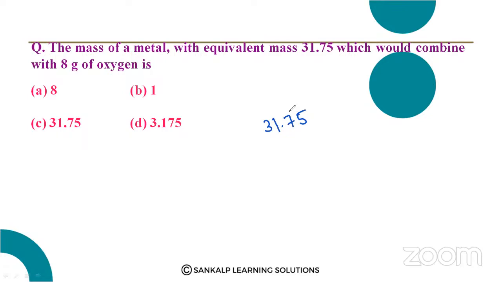So the mass of the metal with equivalent mass 31.75 which would combine with 8 grams of oxygen will be 31.75, because by definition, it will combine with 8 grams of oxygen. This is the correct answer.